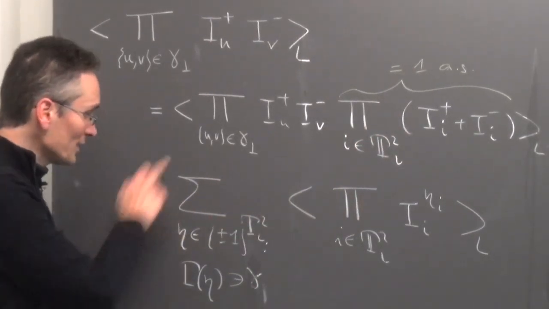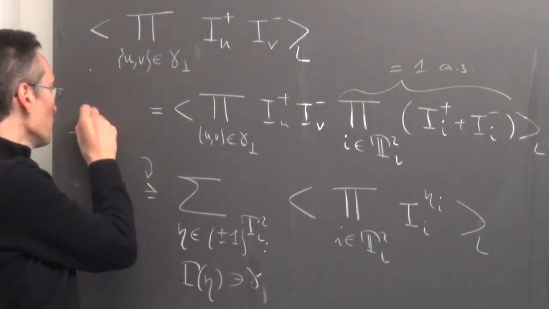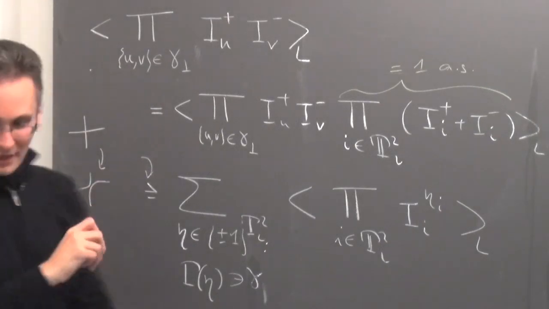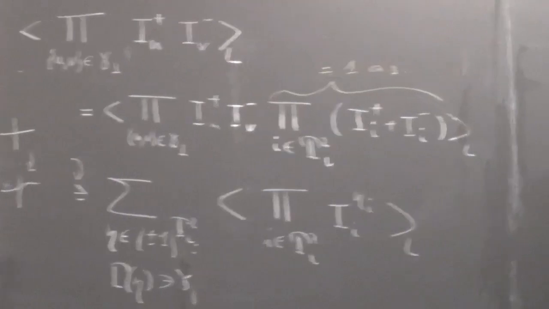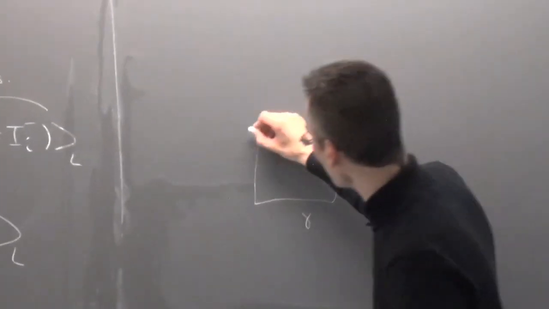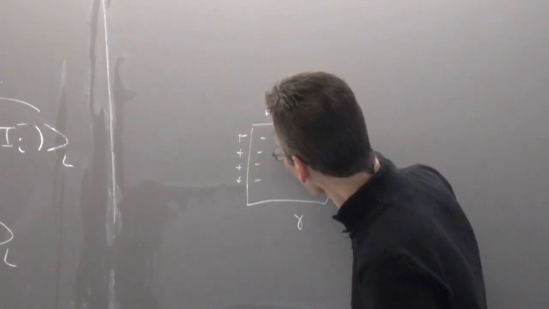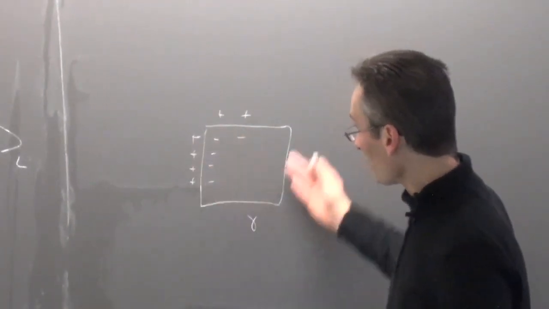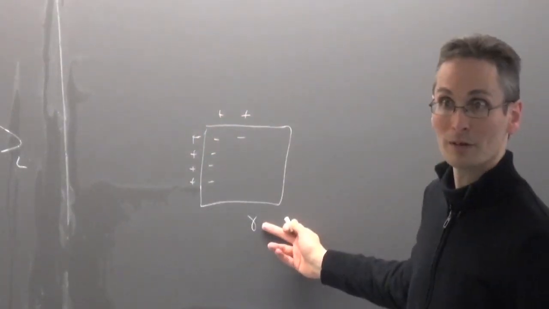Why is it an inequality and not an identity? It's because of this deformation rule we used when we define contours. So that means that even if you force, so if you take a contour gamma like that and you say, okay, I have pluses everywhere here and minuses everywhere here, if I take a configuration which satisfies that, it's not clear that it has the contour gamma.